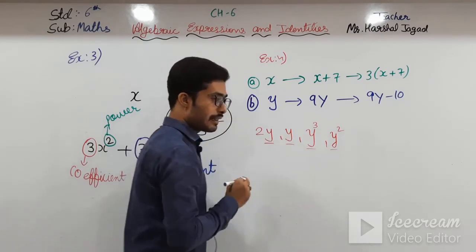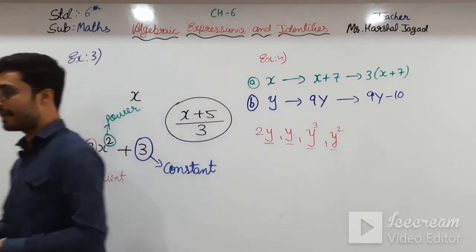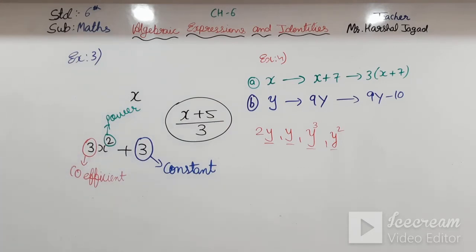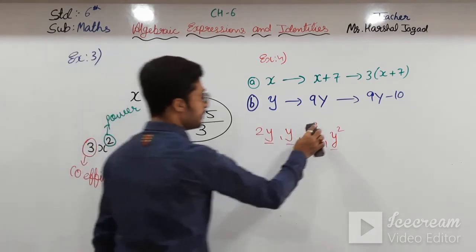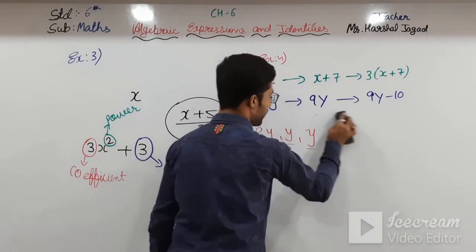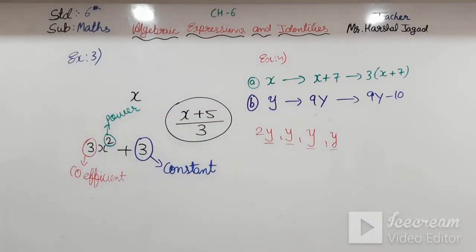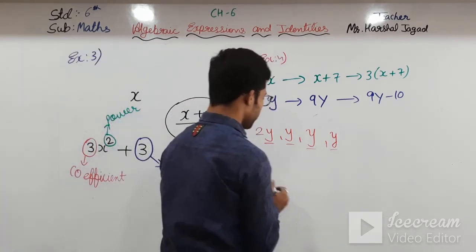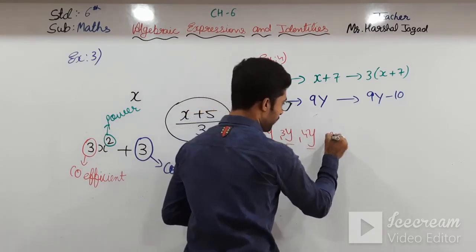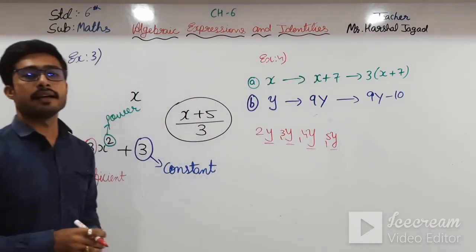And the unlike term, what is unlike term? Sorry students, this x cube and x square are not like terms. Now I can say 3x, 4y, 5y, these are all like terms.